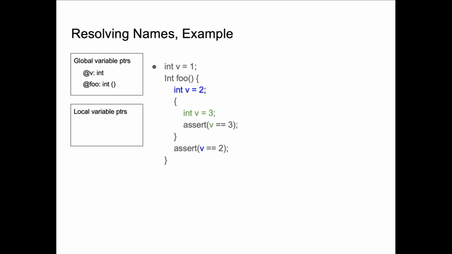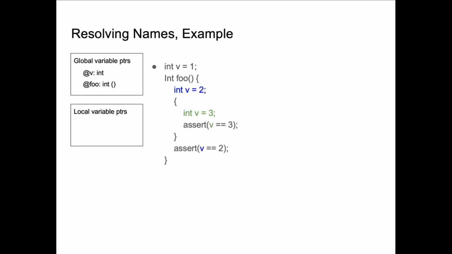And v's type is integer, and foo's type is a function returning integer. So as I explained, v's type, this &v's type should be pointer to integer rather than integer, because this should be the pointer instead of the value.